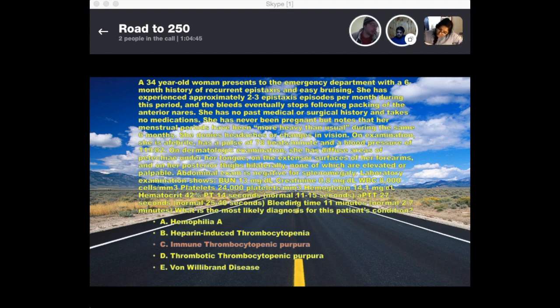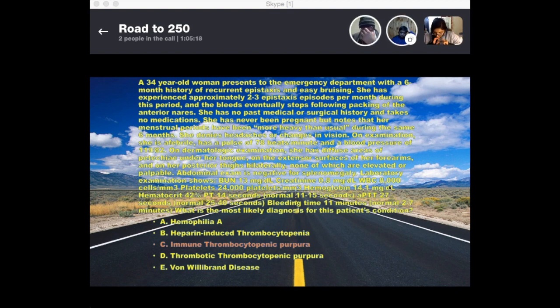And yeah, it says right here, ITP, common due to viral illness, like you said. Chronic ITP is usually seen in women in their childbearing years and may be the first manifestation of systemic lupus erythematosus, clinically characterized by petechiae, ecchymoses, menorrhagia, and nosebleeds.